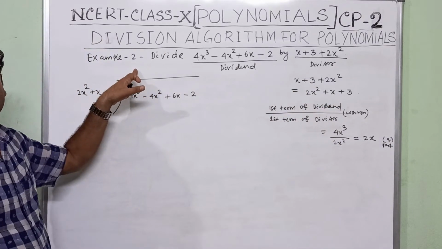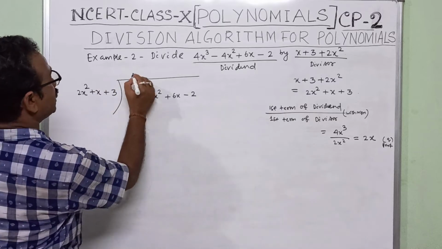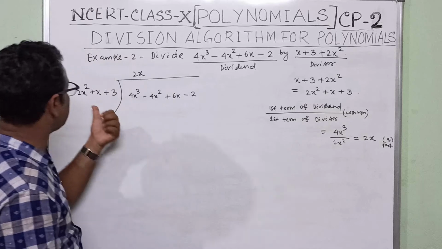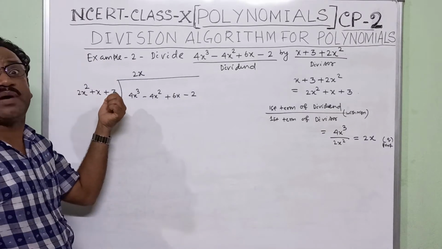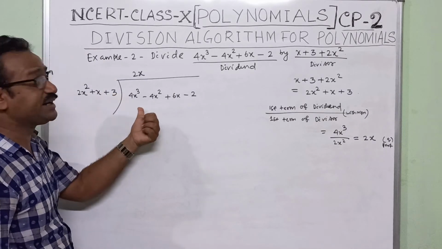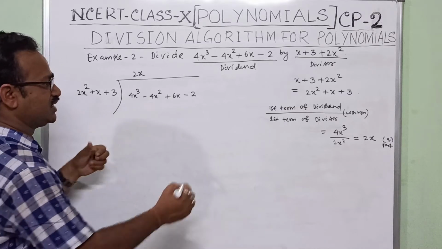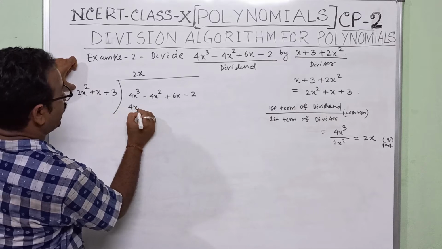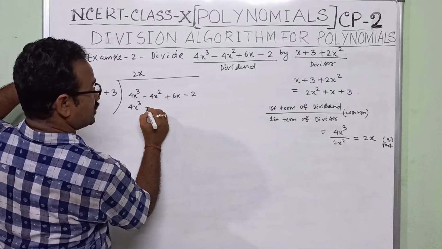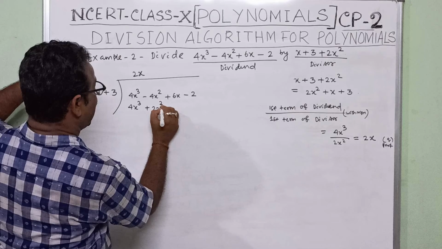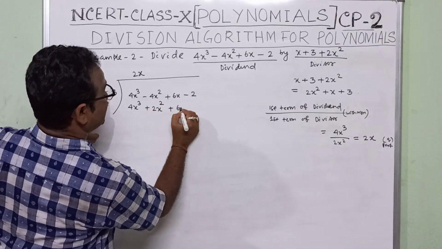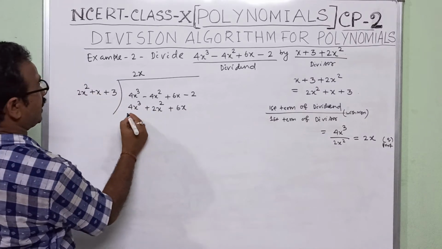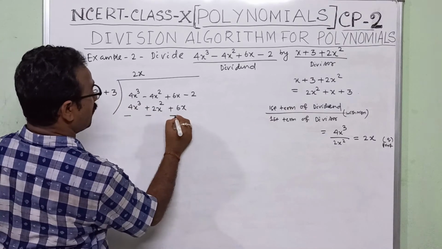Q is the quotient, so now you write 2x. That quotient 2x will be multiplied with all the terms of the divisor and the result written below the dividend. So 2x into 2x square, 4x cube, plus 2x into x, 2x square, plus 2x into 3, 6x.